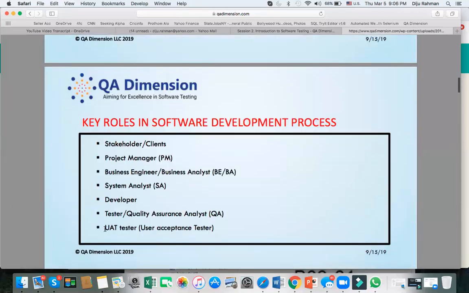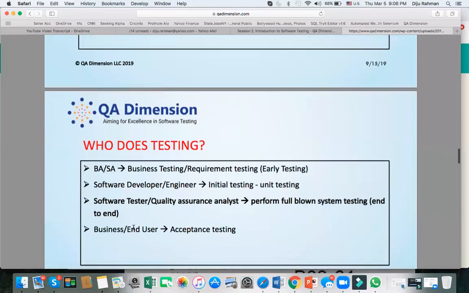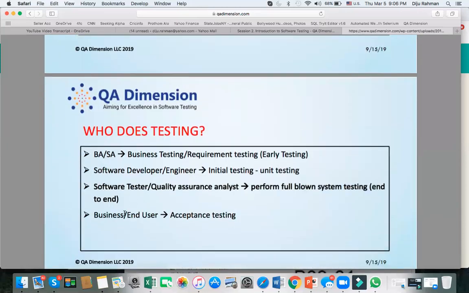They also have some UAT testers who perform that testing as well. But in many companies, business clients or business analysts also perform the UAT testing. So that's why it's also called business and end user.